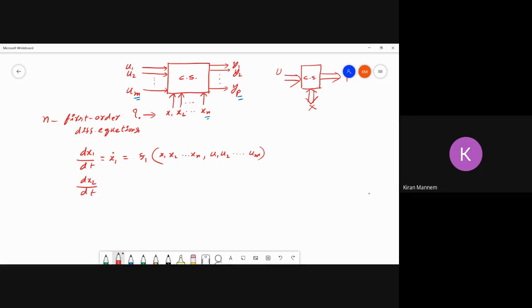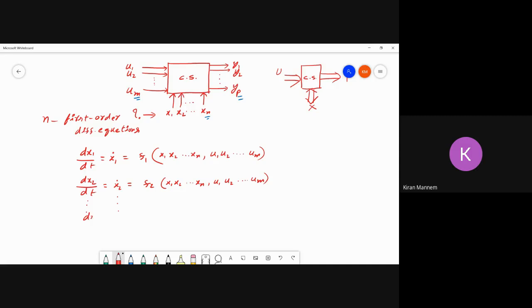Similarly, for dx2 by dt is equal to, so these are all state variables, right? It is also a function of x1, x2, xn, comma, u1, u2 till um. So that's how you have n differential equations.